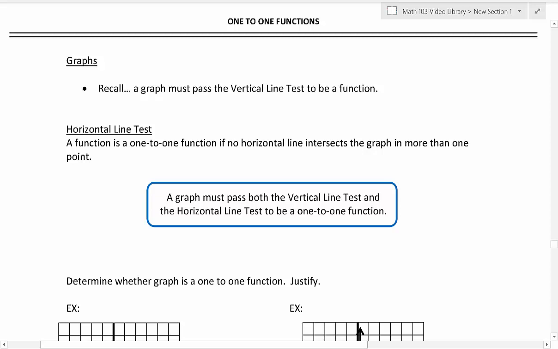And the horizontal line test is very similar to the vertical line test. A function is one-to-one if no horizontal line intersects the graph in more than one point. So in order for a graph to be a one-to-one function, it must pass both the vertical line test and the horizontal line test.